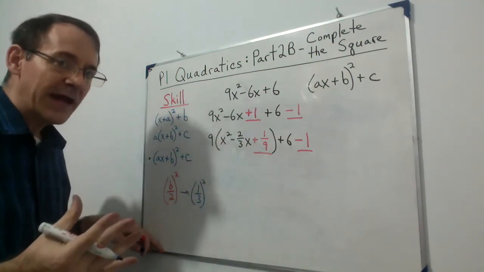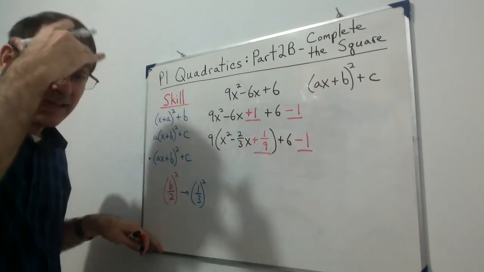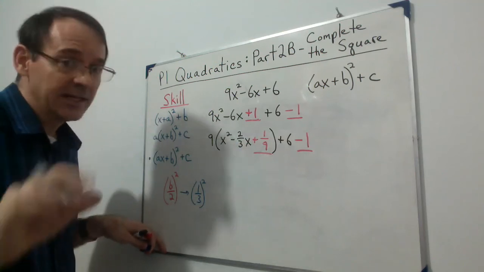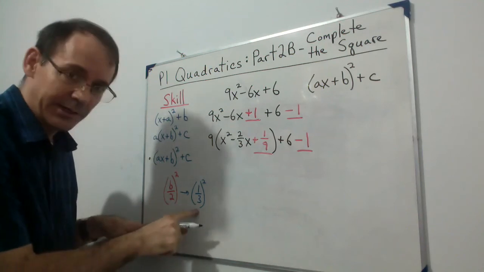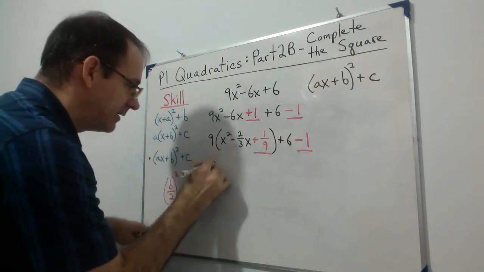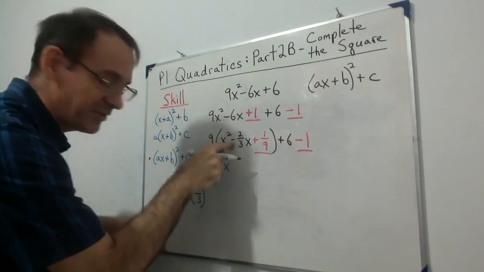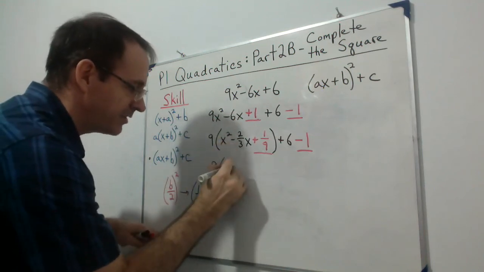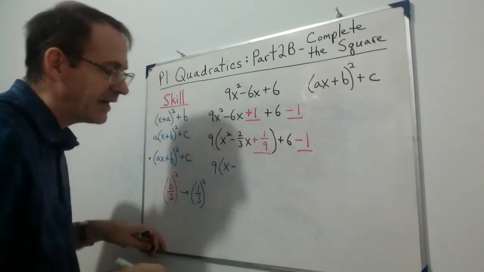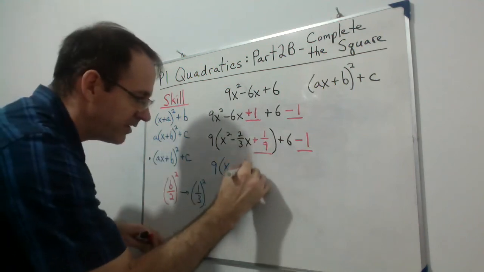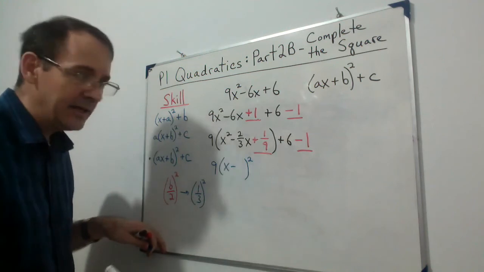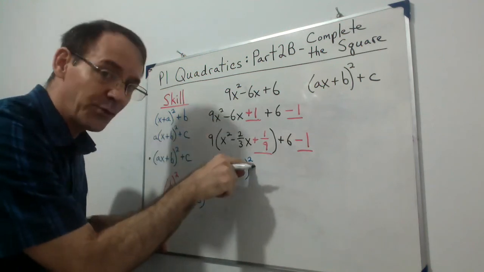So now we're factoring, and you're like, oh no, I can't factor with fractions. It's okay, don't worry about it. It's right here. So we have 9 times x minus, the sign comes from right here, minus. Now when we go to think of what the fraction was, remember we're making this a square, meaning we want the number before the square.